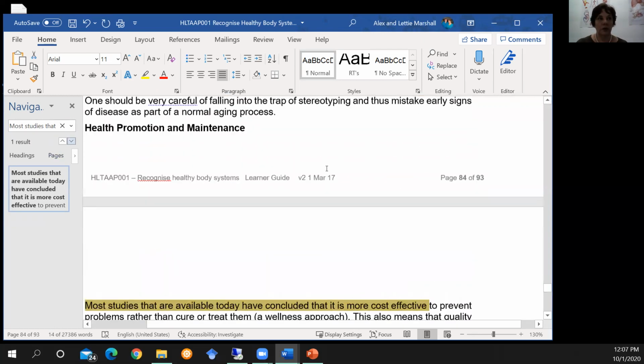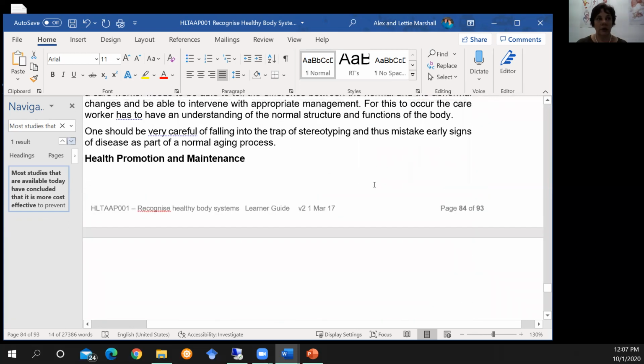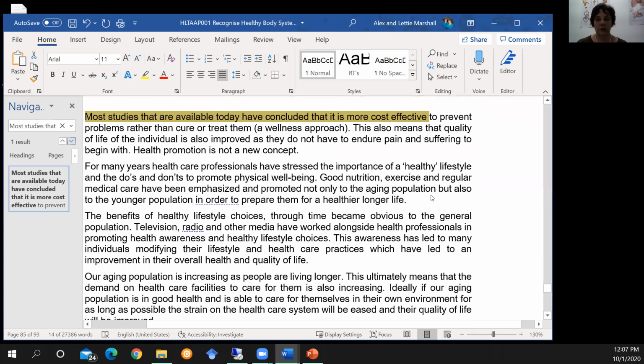We took health promotion and maintenance on; the heading starts on page 84, but the answer is on page 85. Most studies today conclude that it is more cost effective to prevent problems rather than cure or treat them.